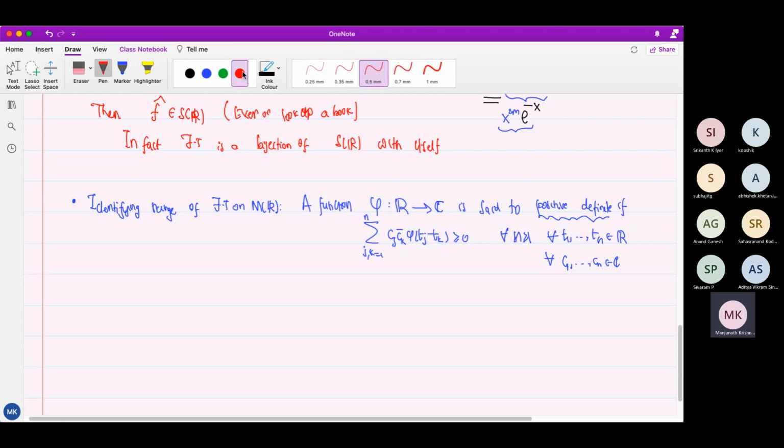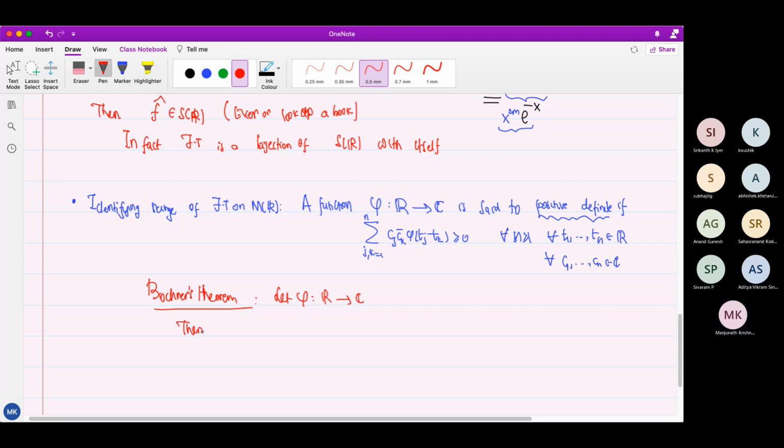So with that, there is a nice characterization, which is Bochner's theorem. Let phi be a function from reals to complex numbers.